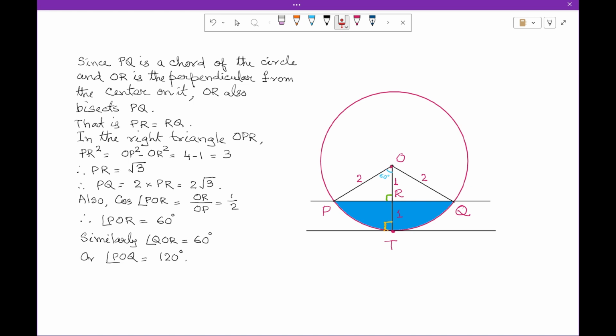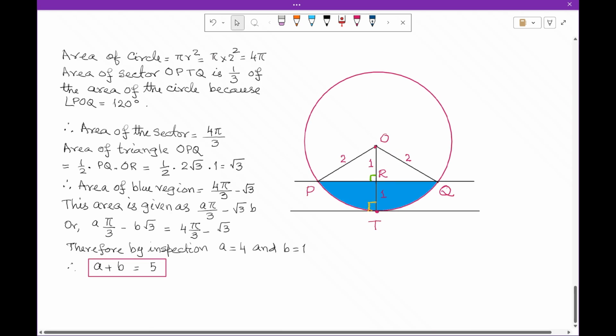From symmetry, this angle therefore is also 60 degree. So the entire central angle subtended by the chord at the center is 60 plus 60, that is 120 degree.